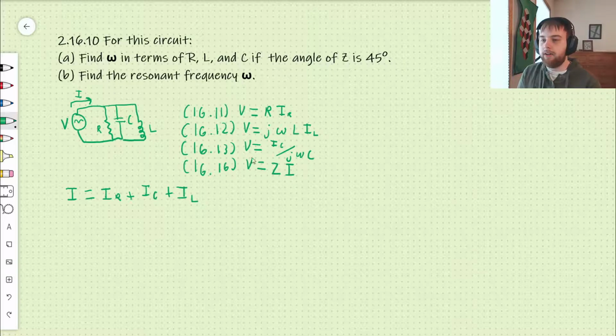So we need to solve all these equations up here in terms of our different currents, so we can plug them into this equation.